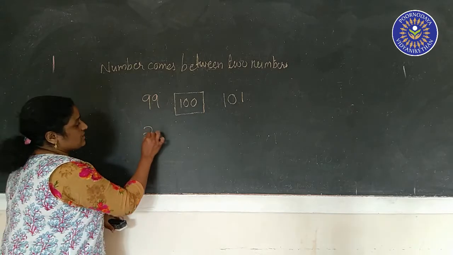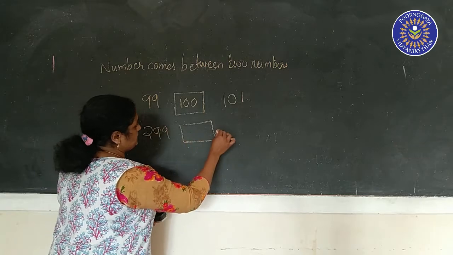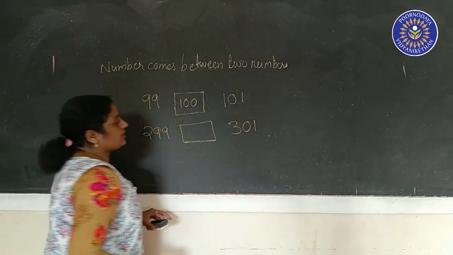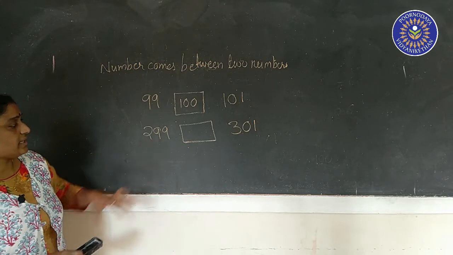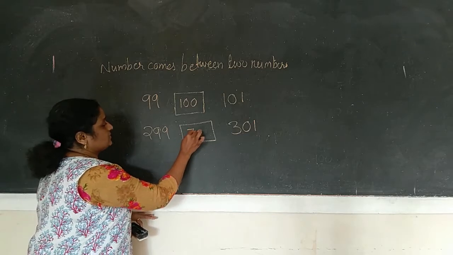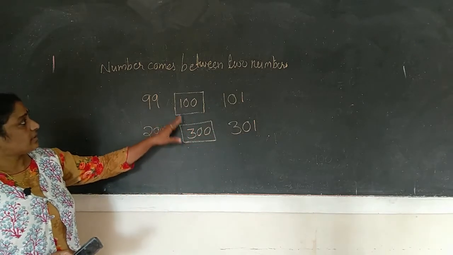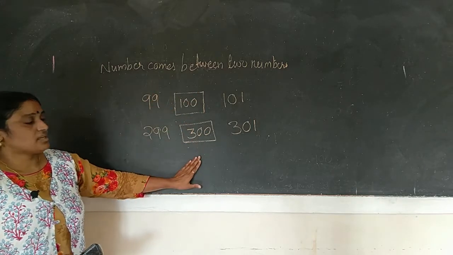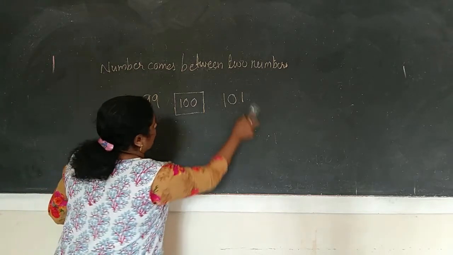Then another example, 299, 301. If we add 1 to this 299, what will we get? 300. So, like this we can find the number that comes between two numbers. This all you already know, so just recall.